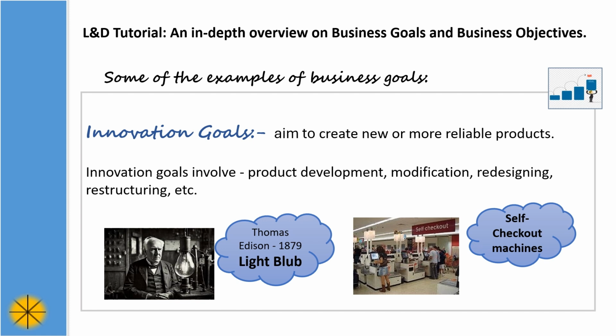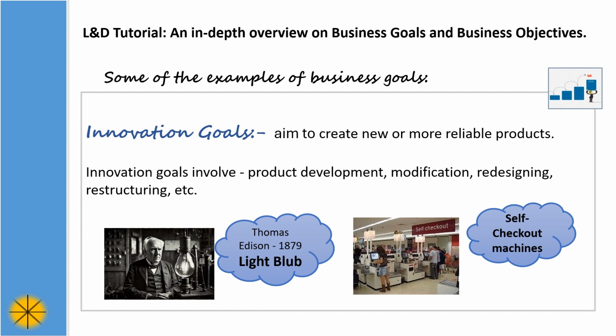Another important type of business goals are innovation goals that help to create new products or more reliable products. Innovation goals involve product development, modification, redesigning, restructuring, research and development, etc. There is an example given on the board of Thomas Edison, who invented the light bulb, or self-checkout machines which are a great invention of present times in convenience and time saving.